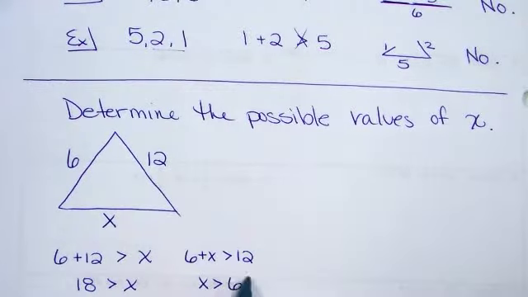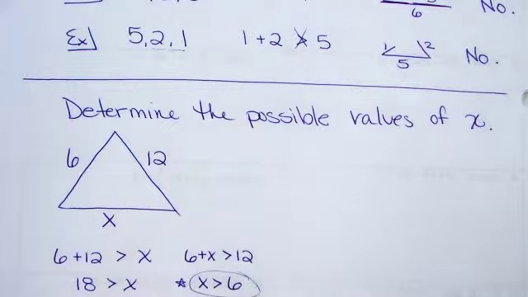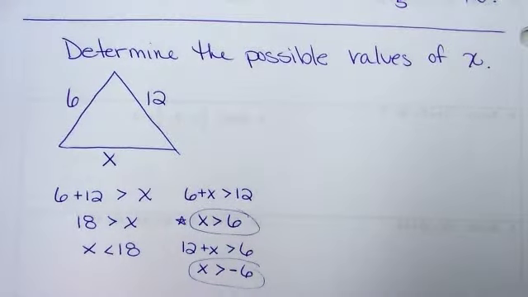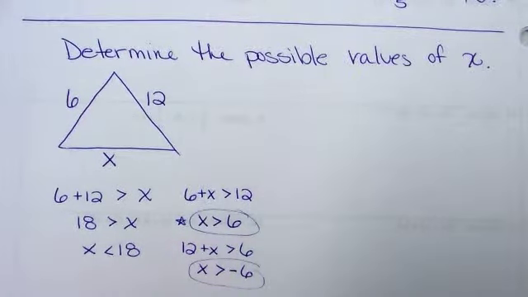Now, if x has to be greater than 6 and it has to be greater than negative 6, then together I know x has to be greater than 6. To write my final answer, x has to be less than 18 but greater than 6. Or I can read it, x is between 6 and 18.